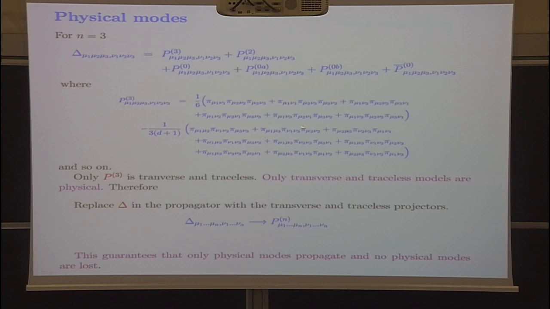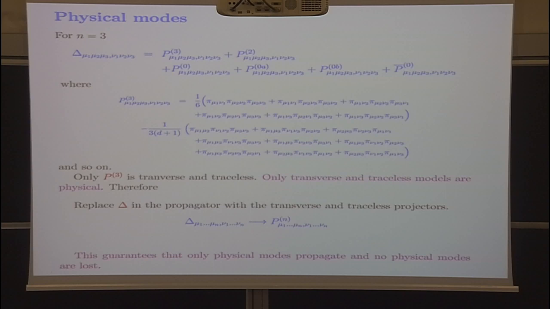It becomes more and more complicated, of course, but it can be done in general for generic spin. And here again, P3 is the highest spin projector, is transverse, is traceless, and all the others are either non-transverse or not traceless.